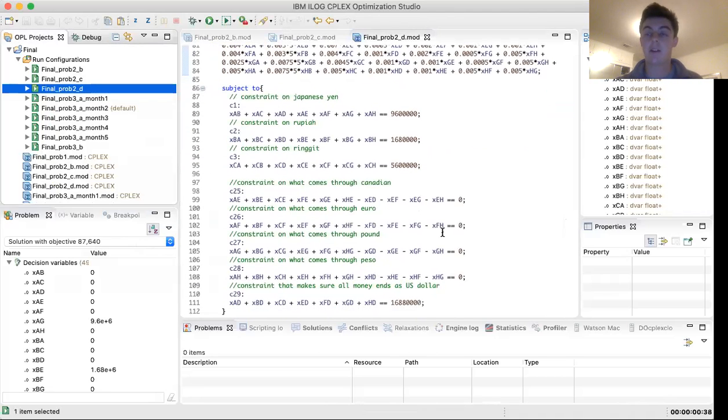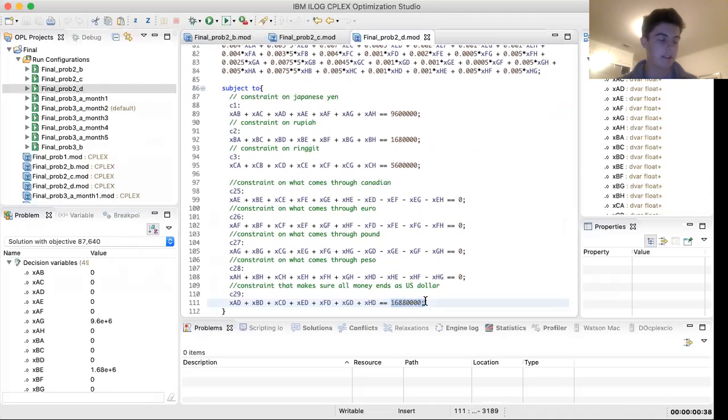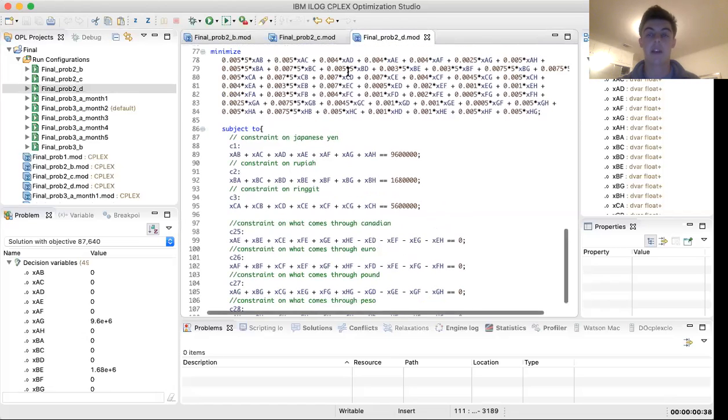To find out how many US dollars you have to invest in US bonds, you subtract 87,640 from the 16.88 mil, and you realize that Jake now has $16,792,360 to invest in US bonds by following this transaction costs with the 500% increase for the rupiah.